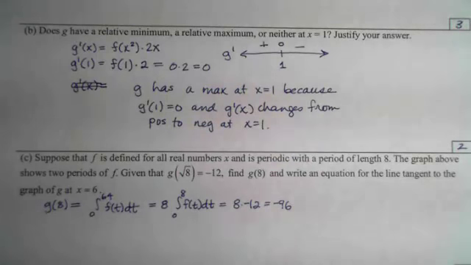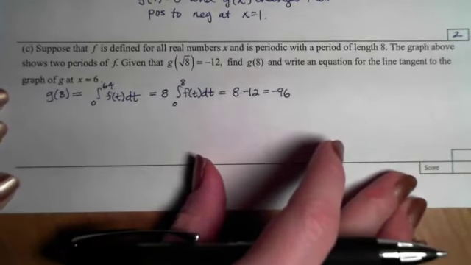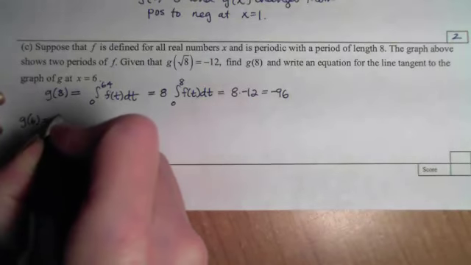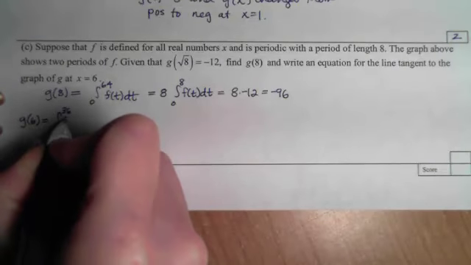The next 3 points come from getting that equation of the tangent line, and we can't get it unless we know g of 6 and we know g prime of 6. So let's think about how we could get g of 6. g of 6 is going to be the accumulation from 0 to 6 squared.